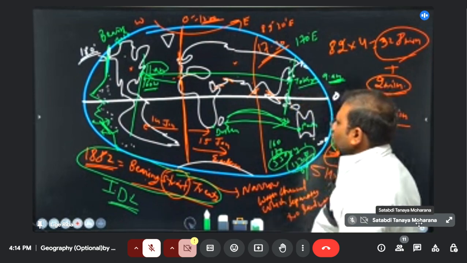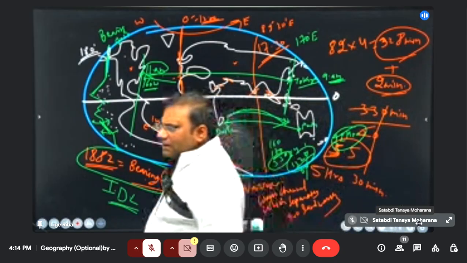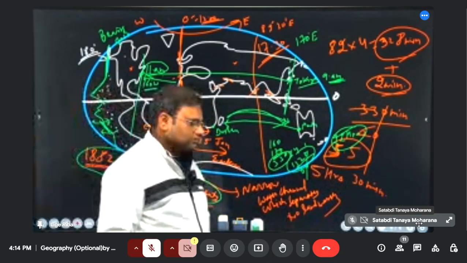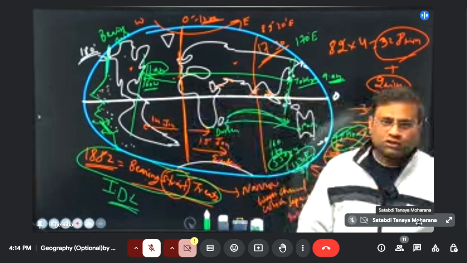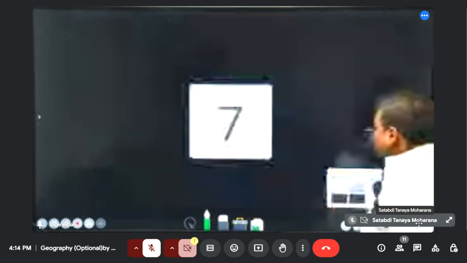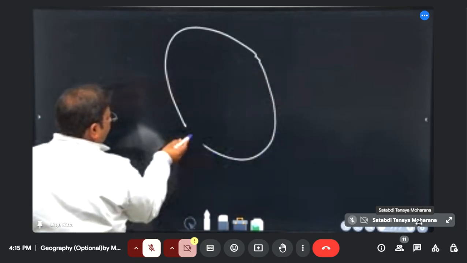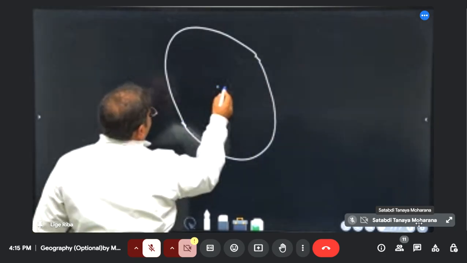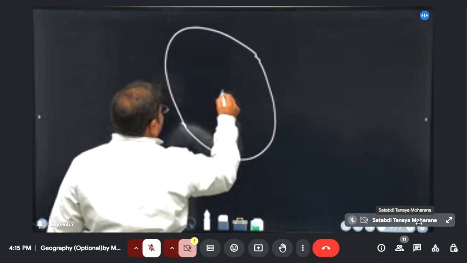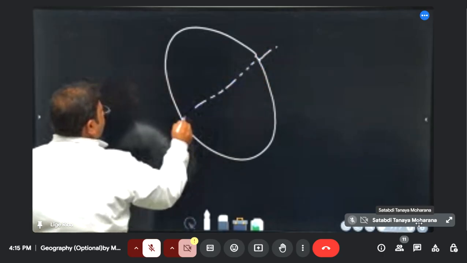Okay, so this is about the imaginary lines of our Earth. See, what is the reality? Earth is tilted, you know. This is the tilted Earth, with the north pole and south pole. Here lies the axis.